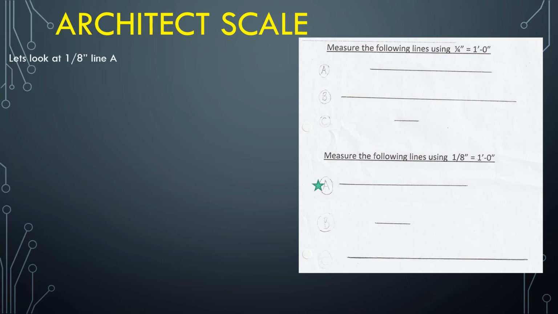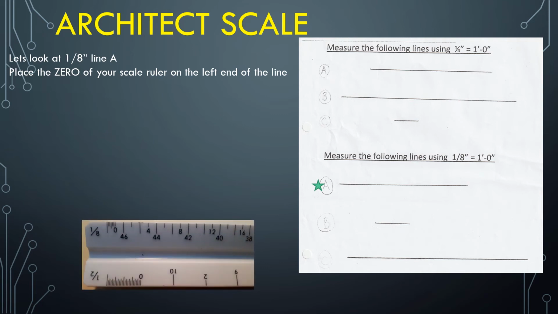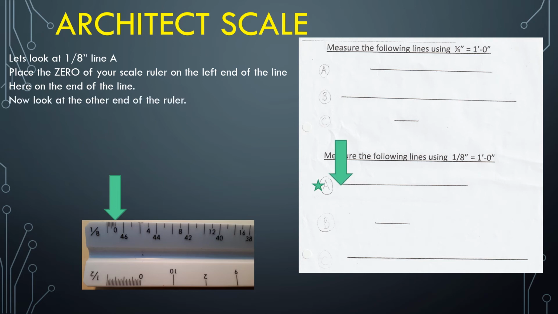So now let's try the 1/8 scale. We're going to look at line A. Place the 0 of your scale ruler on the left end of the line. So there's the 1/8 showing down here. Okay. So you're going to place this 0 right there. Now look at the other end of the ruler where the line ends.